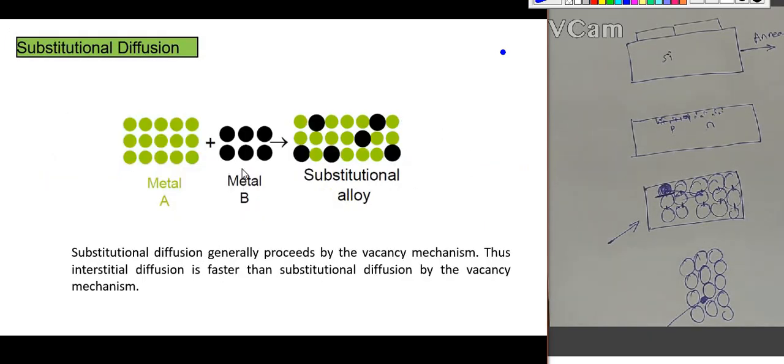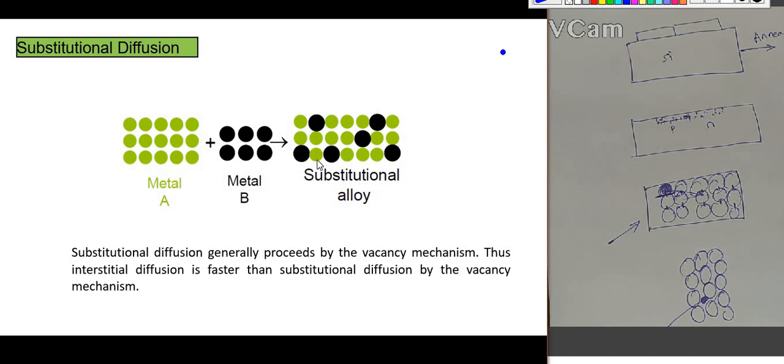But here the metal B cannot enter the interstitial site, but it can replace atoms of the metal A and occupy the regular lattice points. Okay, here we can see the green metal A atom is replaced with the metal B atom.